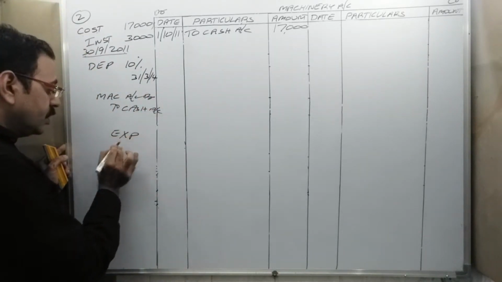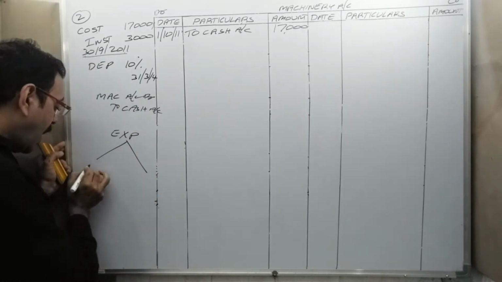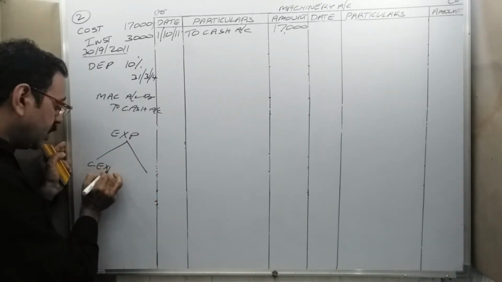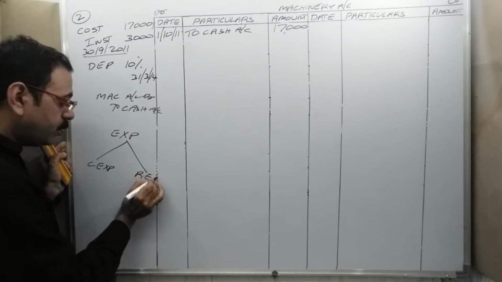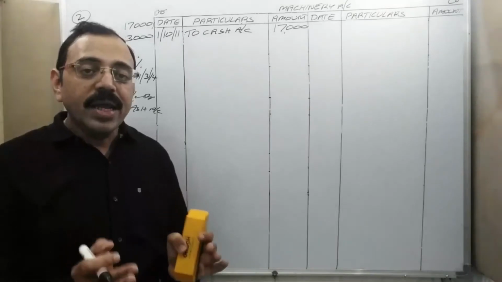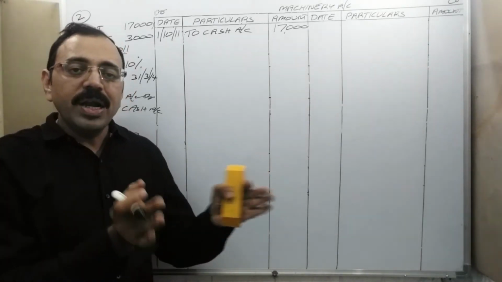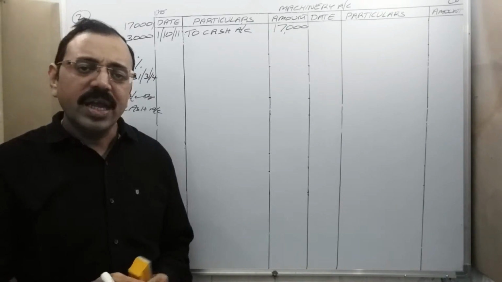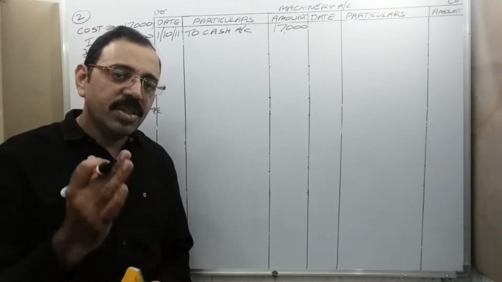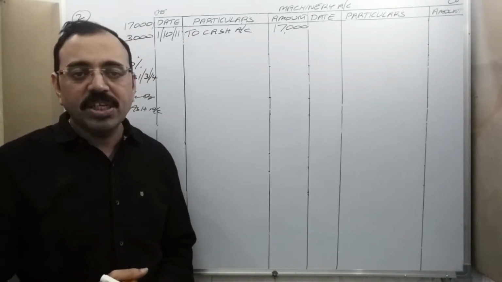Expenditure is divided into two types. Capital expenditure, revenue expenditure. Capital expenditure means what? Rare expenditure. For example, firm purchases building to run the business. Daily we buy the building? Every month we buy the building? No. Only for one time. It is one time investment.